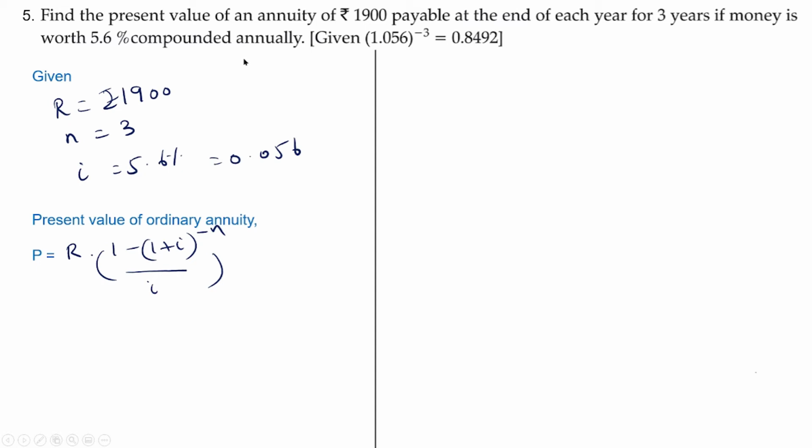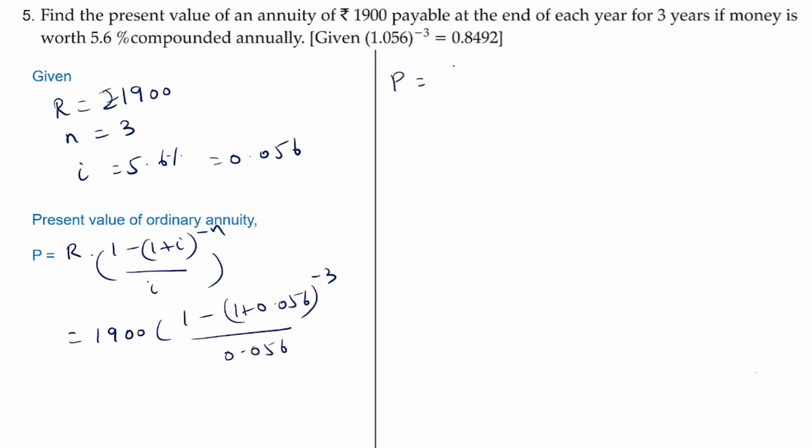Since it is compounded annually, we can take this as either I or R. So it is 1900 into 1 minus 1 plus 0.056 the whole raised to minus 3 upon 0.056.